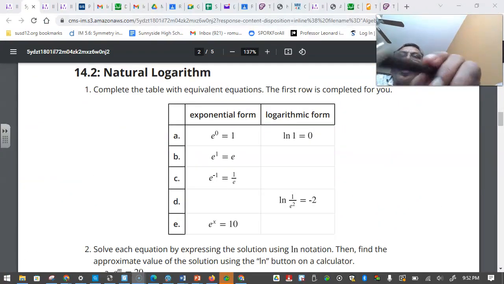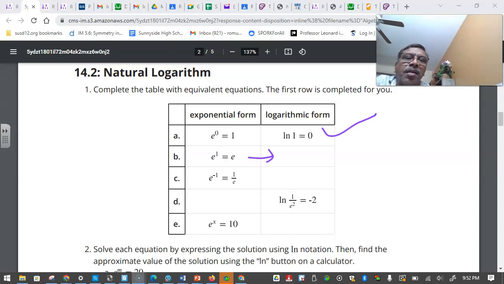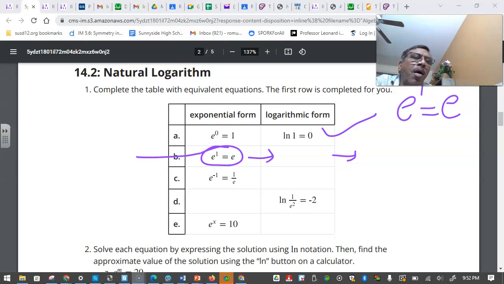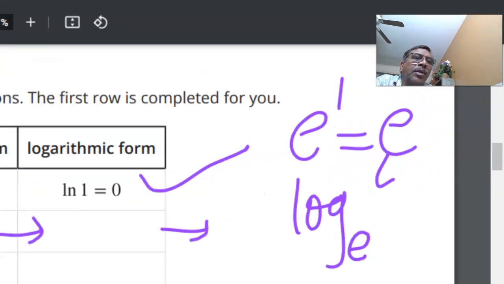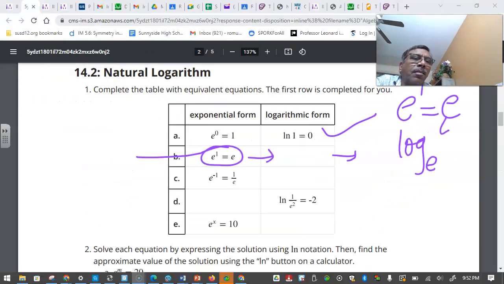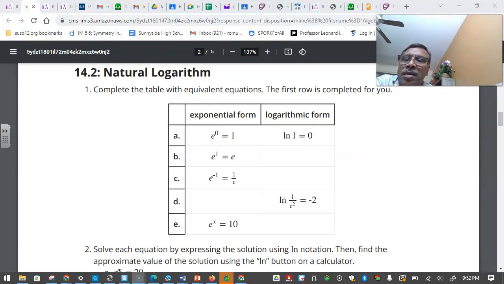Okay. So this was an example that is shown. For the next one, what is this answer? How do we write this? e raised to 1 is e, right? So we can write this in the log form. I think this has got messed up, so let me use something else.